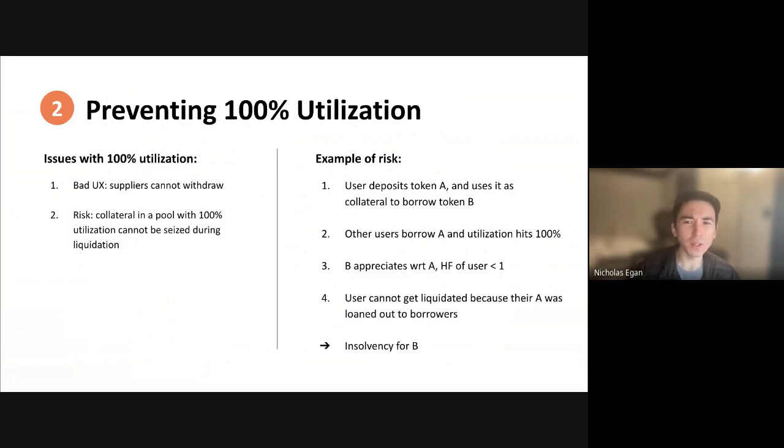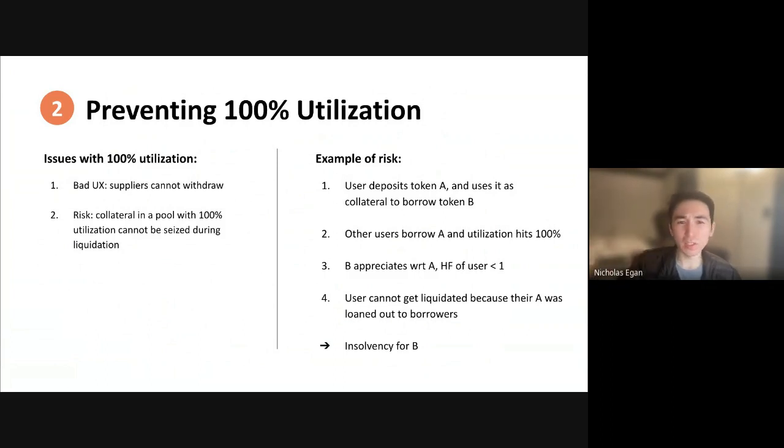So on the right, I have an example of how this risk can play out. Suppose a user deposits token A and uses it as collateral to borrow token B. Other users borrow token A, and utilization for token A hits 100%.